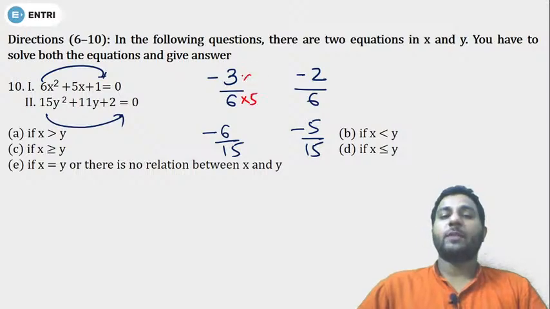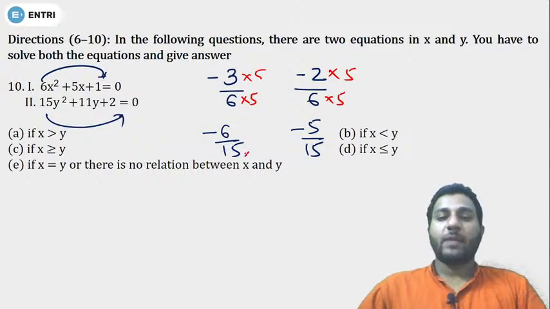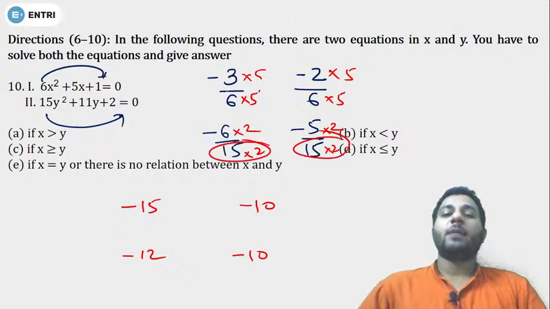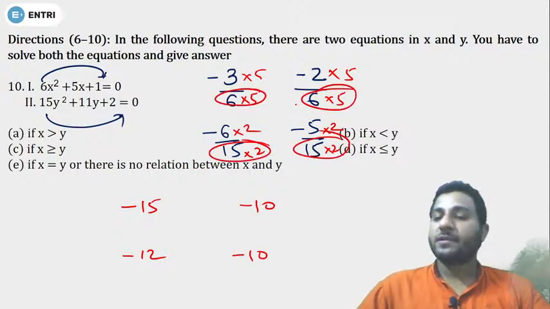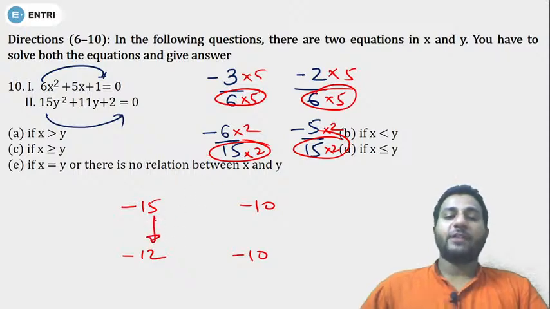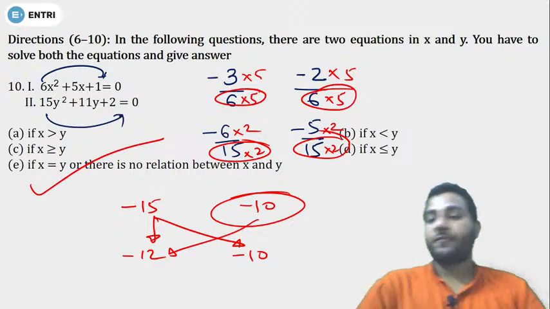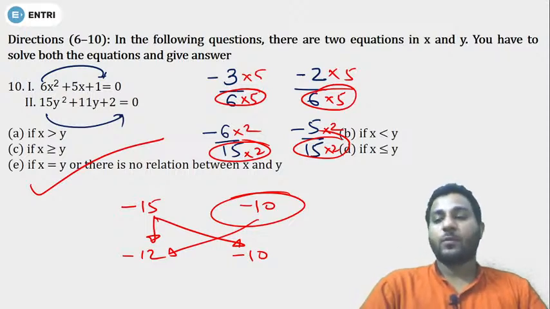So once you multiply with 5 in the above relation and multiply with 2 in the below relation, minus 15 and minus 10 will be compared with minus 12 and minus 10, because the denominators in the above relation and the below relation have become the same. So look at this, x is smaller, greater. Look at this, x has become greater. So relation cannot be established, which means option E will be the correct one. Very good, Ruby.